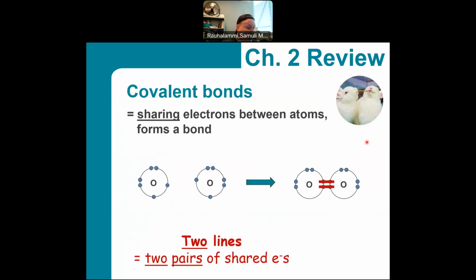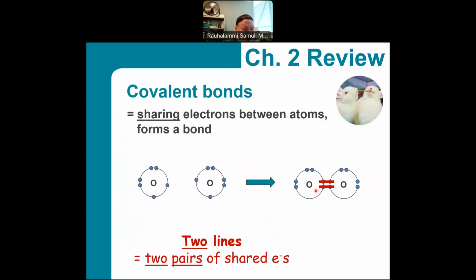We can also have situations where we share more than just a pair of electrons. Here we have 2 oxygen atoms. Each one has 6 electrons on their outermost shell. If 2 oxygen atoms come together, one thing that they can do is actually share 2 pairs of electrons together. And in this way, both oxygens, at least part of the time, have 8 electrons on their outermost shell.